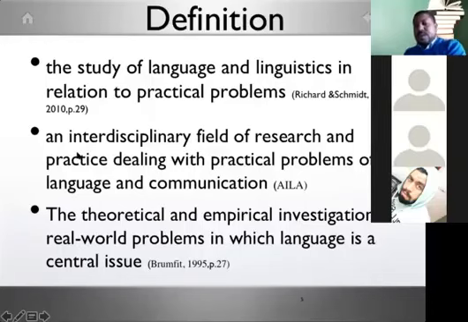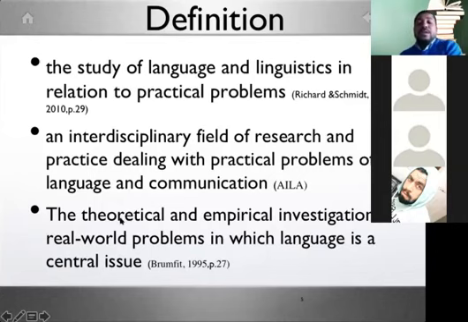All right. So I was saying that, and by the way, whenever you have a question or you want me to repeat something, just say it. In this third definition, the keywords are theoretical, empirical, and real-world problems, and of course, language.